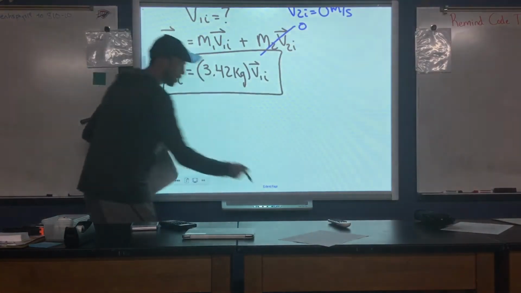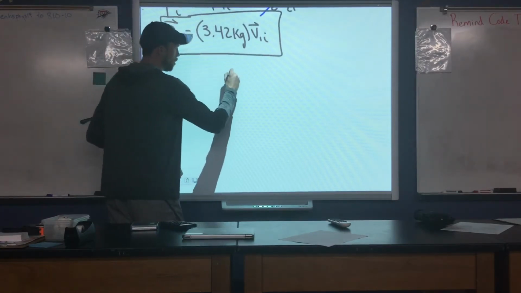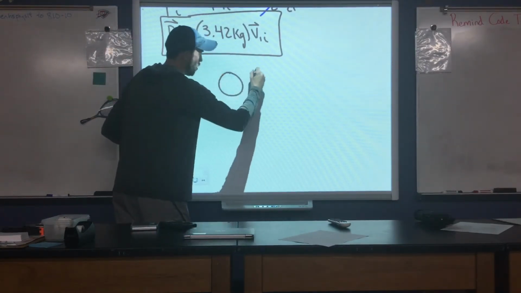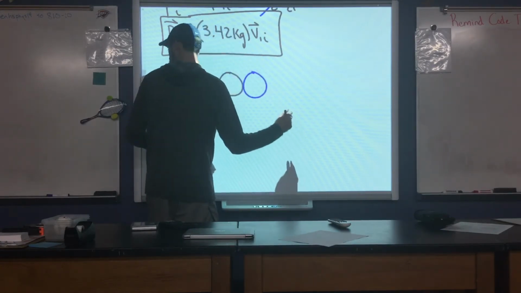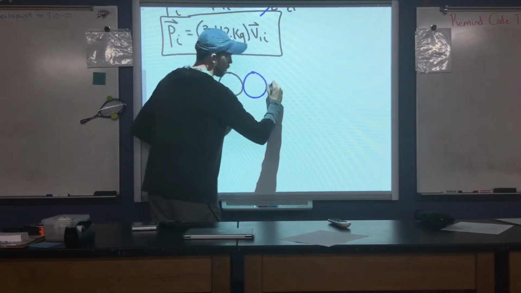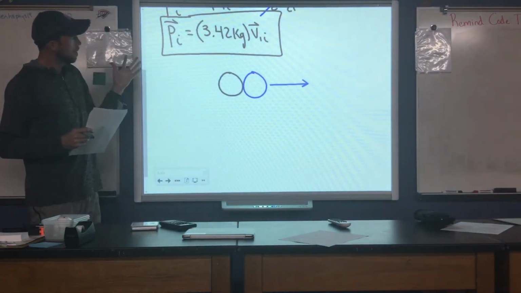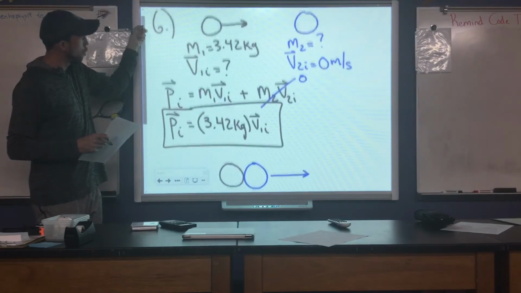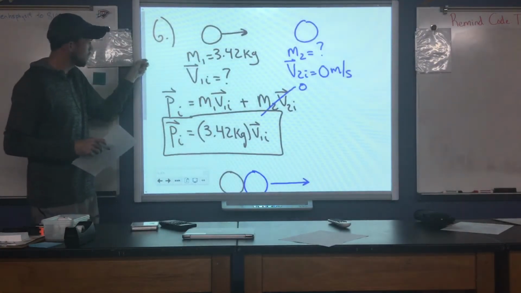Now after the collision, here's what we're told. The objects are going to move together, so something like this, let's assume they're going to the right. Sorry, I dropped something over here. And because it's likely the total momentum is also going to be to the right because the initial momentum is to the right.